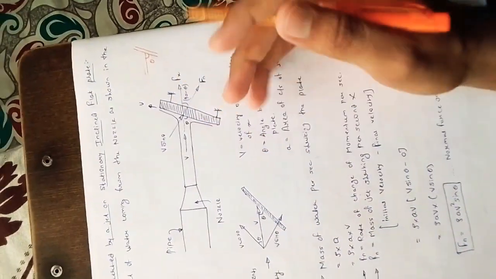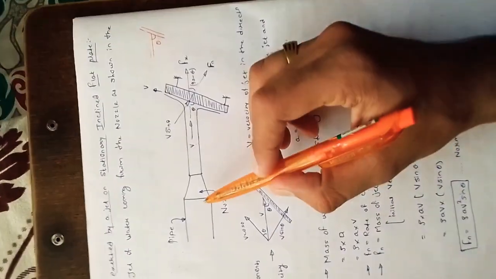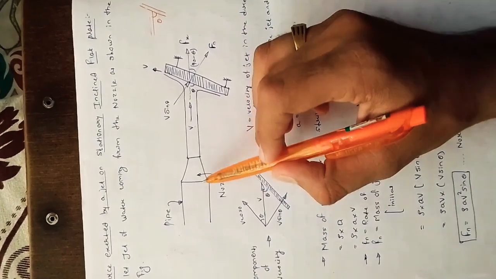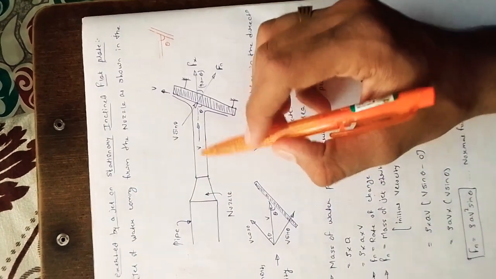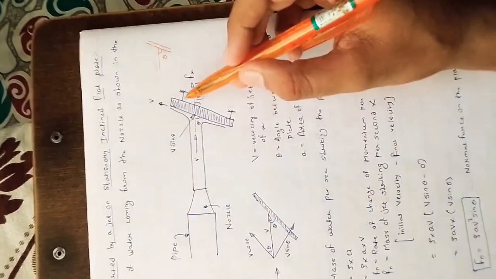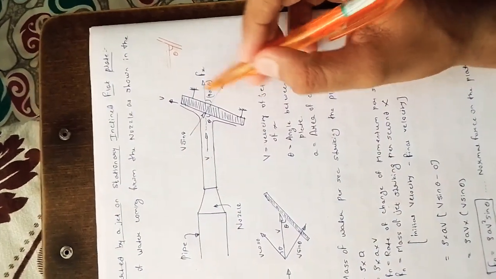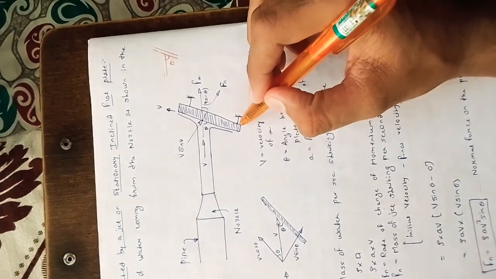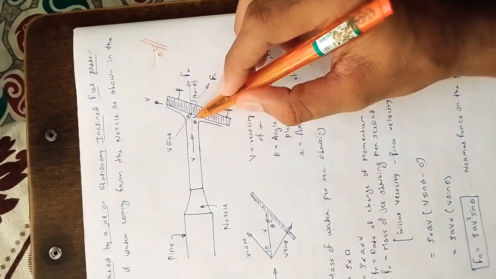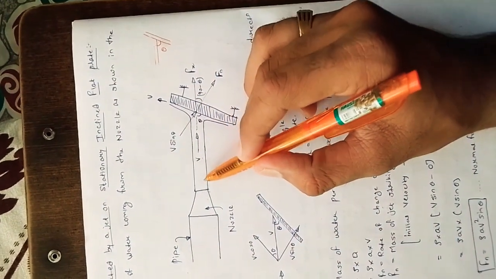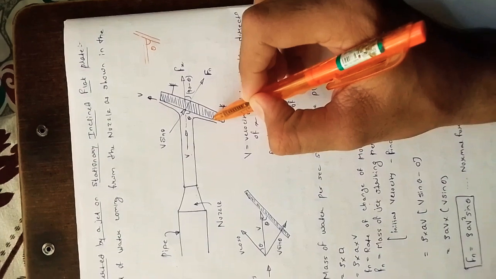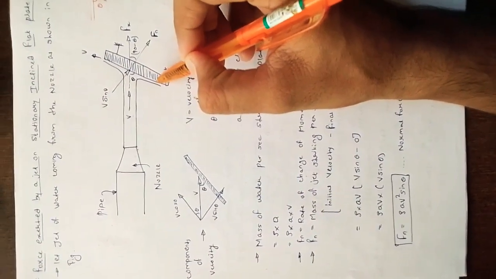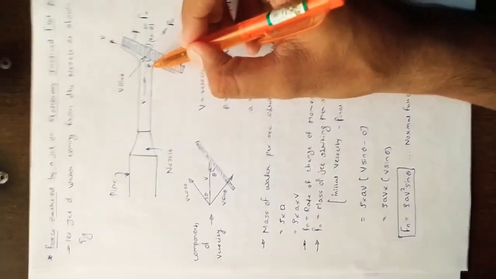For this derivation I have assumed one pipe, and there is one nozzle connected at the outlet of the pipe. Just in front of the nozzle there is a plate placed at an angle theta. So when the jet of water strikes this plate, it will not strike at 90 degrees, it will strike at some angle theta.